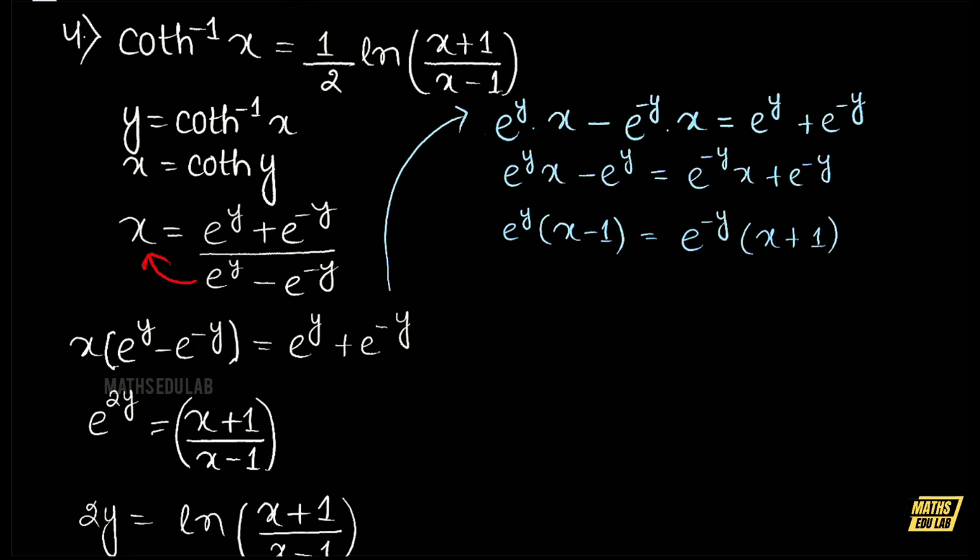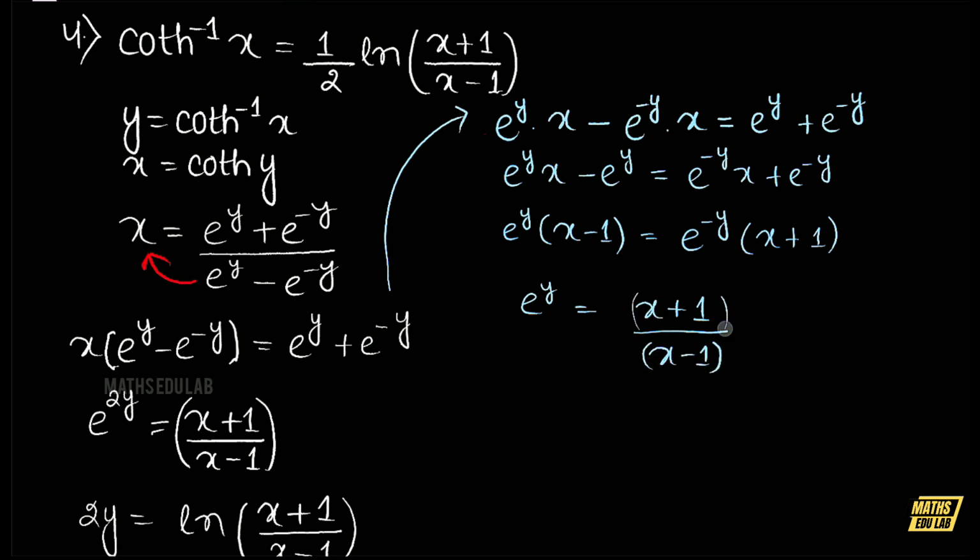If you see here, the two values are e to the power of y and e to the power of minus y. I am changing this value to the other side, so I can write this as (x plus 1) upon (x minus 1).